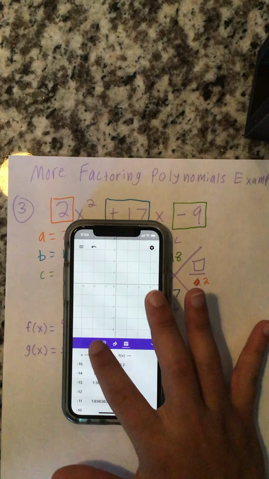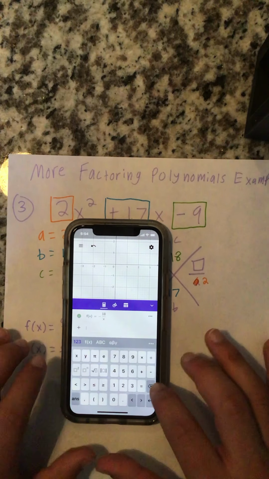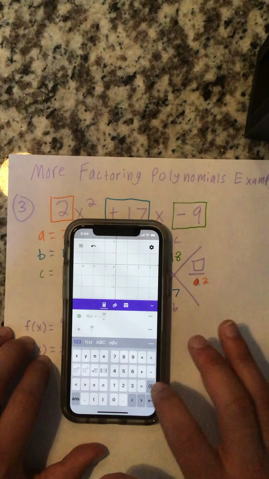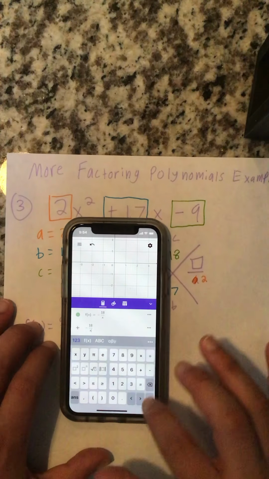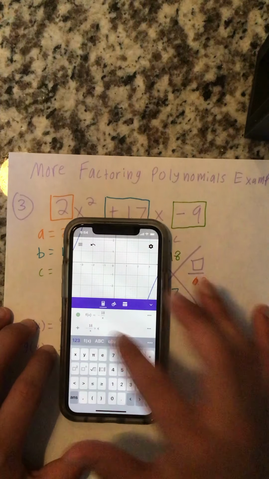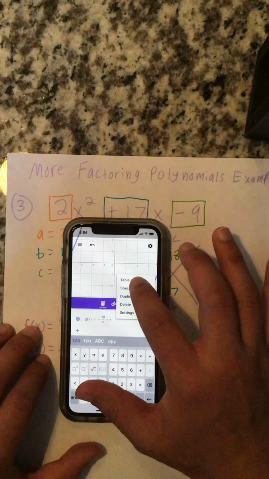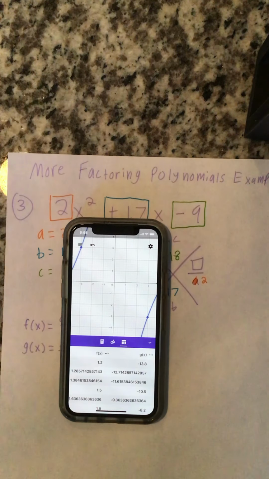So that's one equation. Now I have to go back to the calculator button and type in the second one. So negative 18 over x, slide over 1, plus x. So it looks exactly like that. Once I have it like that, we click those 3 dots again, click table, and boom, there it is, okay?